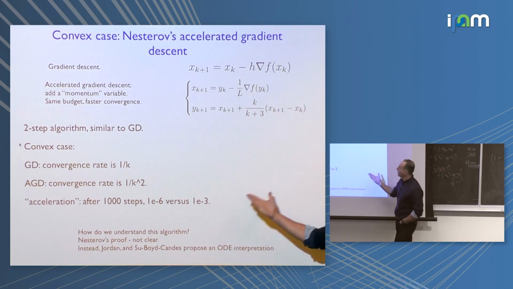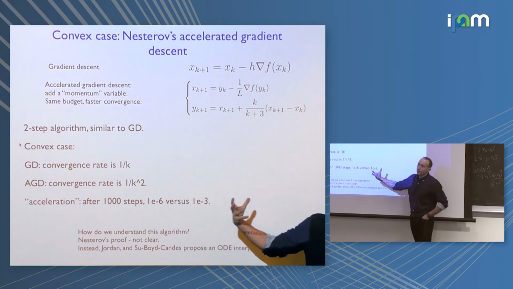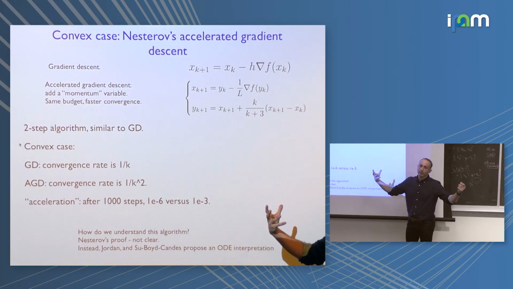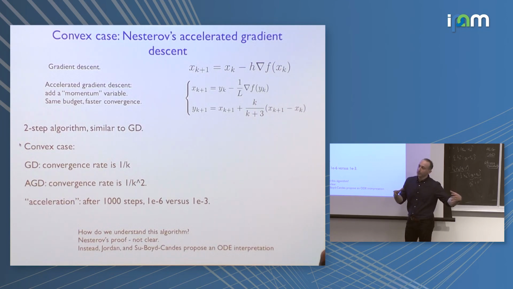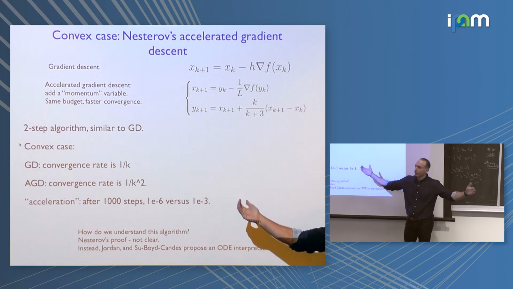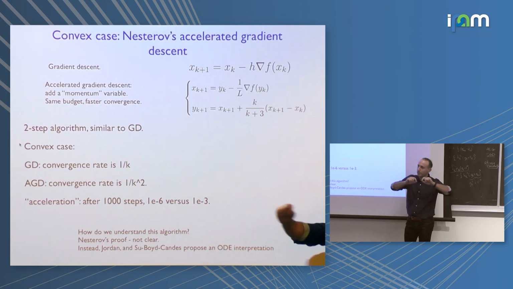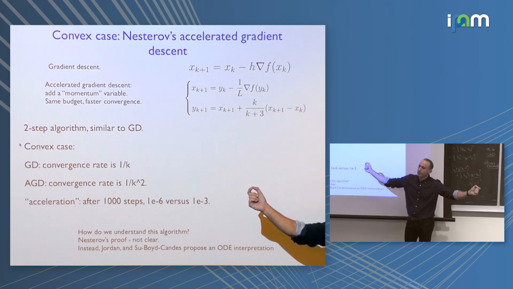In other words, he shows that there exist functions and initial data points where if you apply any algorithm that just uses gradient information, it can't converge at a faster rate. And the example he uses to prove this is essentially the 1D discretization of the Laplacian, the 1D Laplacian on a grid, which we all know is really slow if you do forward Euler.